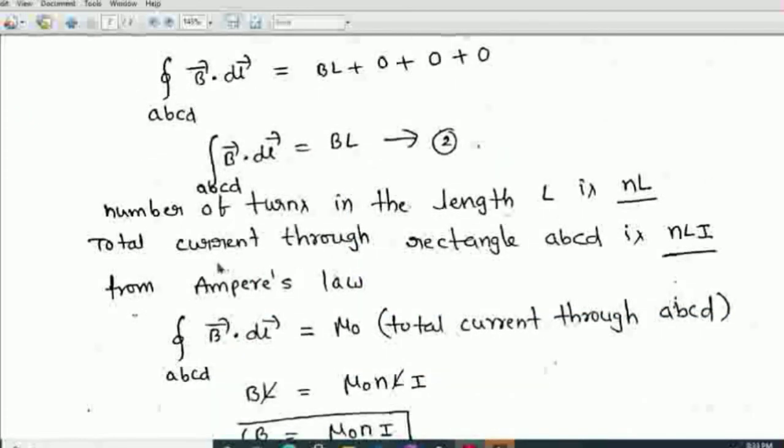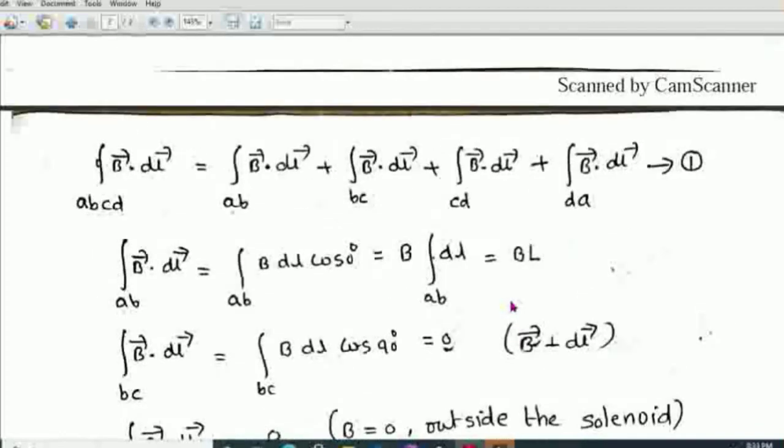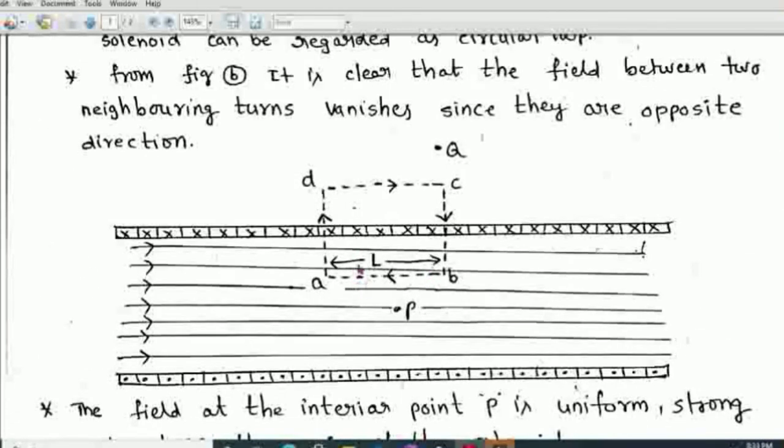Now, already we have discussed that the number of turns per unit length is small n. If small n is the number of turns per unit length, for the length L the number of turns will be n into L. So n into L is the number of turns in the length L, because we have considered the Amperian loop of length L. We have to consider the total number of turns in this length.